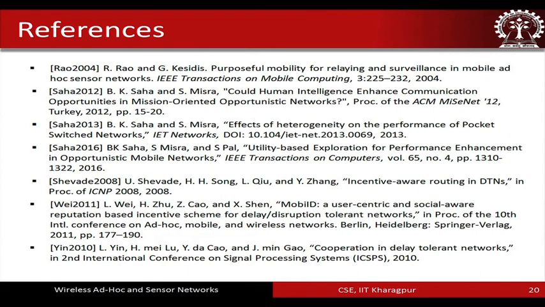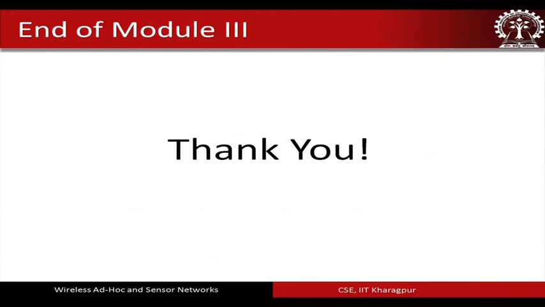Another thing I would like to mention is that opportunistic mobile networks is a more advanced topic, so it is more likely to be of interest to audiences at the PG level, research scholars and so on.